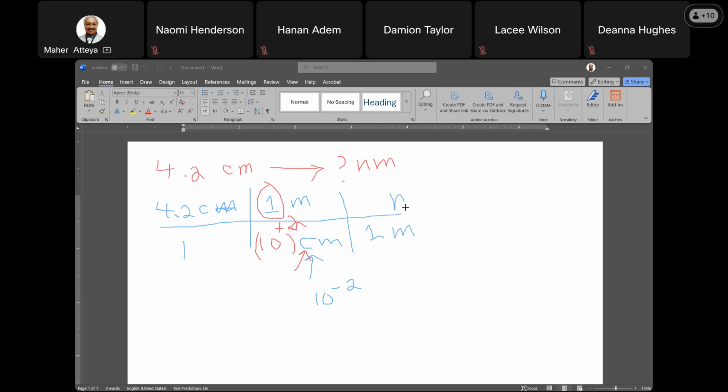How many nanometers? Well, I know that nano is 10 to the minus 9. Because it's a small alphabet, the value of it will be 10 minus 9.